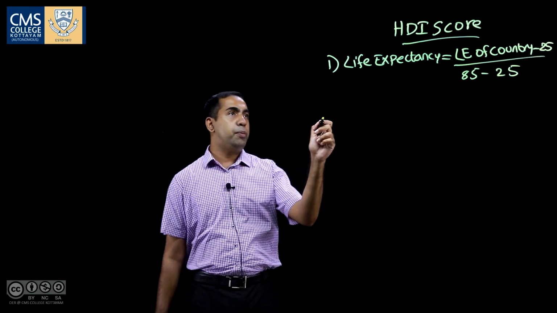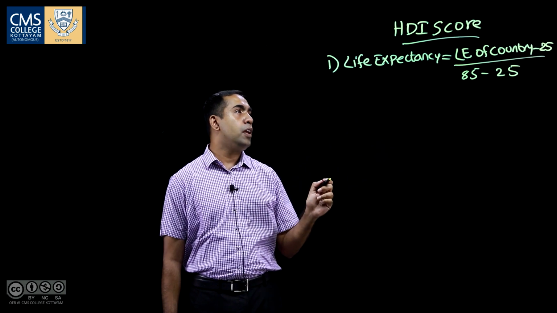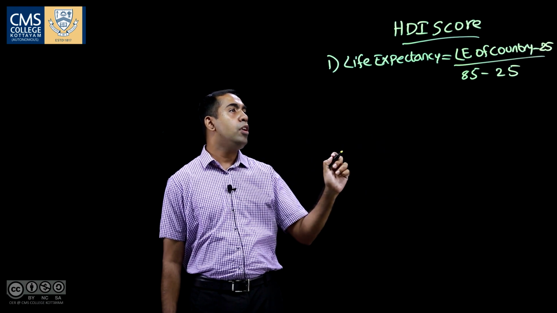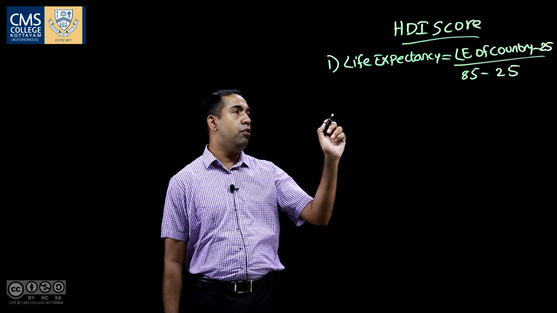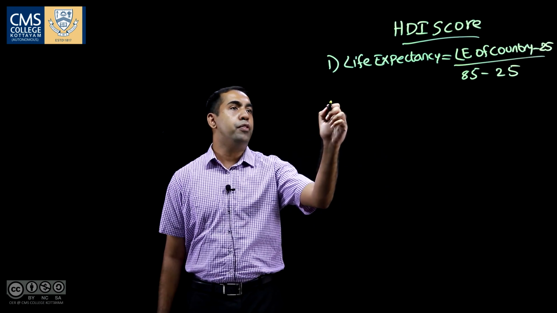So life expectancy index equals the actual life expectancy of the country minus the minimum value, that is 25, the whole divided by the range, that is the maximum value of 85 minus the minimum value of 25.